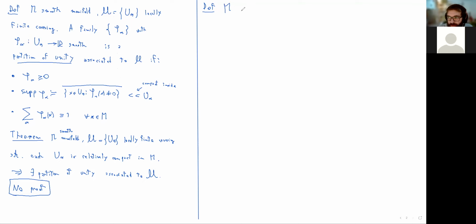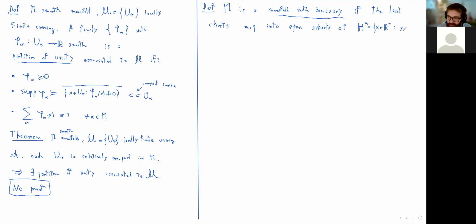Okay, let me define a manifold with boundary. If the local charts map into open subsets of H^n, and this H^n is nothing but this half space, x in R^n such that x_n is greater or equal than 0, instead of R^n.